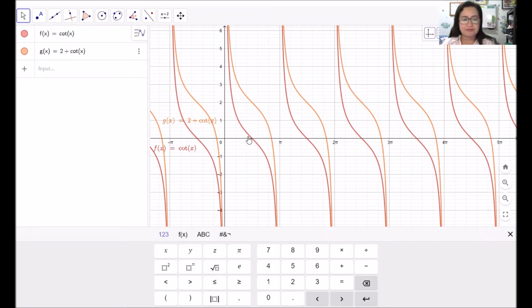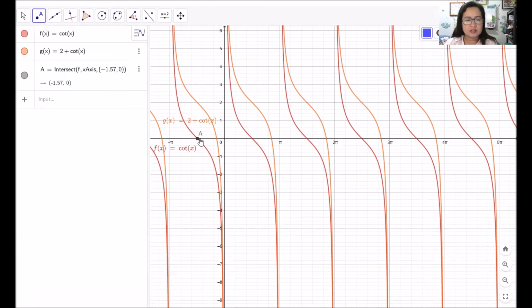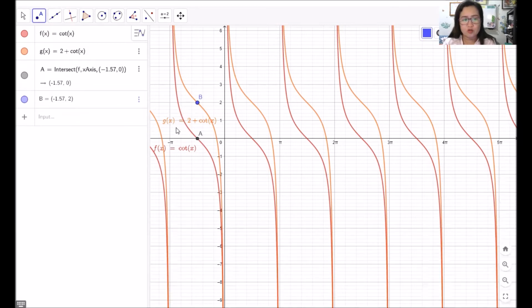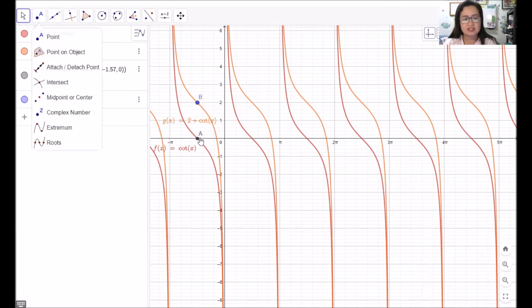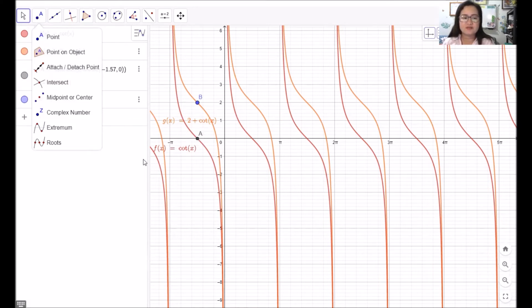Let's see. If we get this point, y is 0. Now, if we get exactly the point above point A, we will have point B having a y-coordinate of 2, which indicates that the movement is upward 2 units.